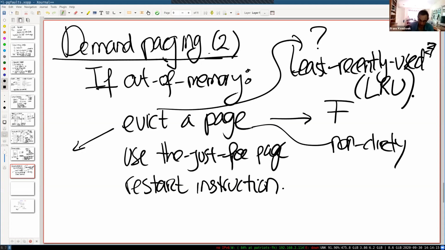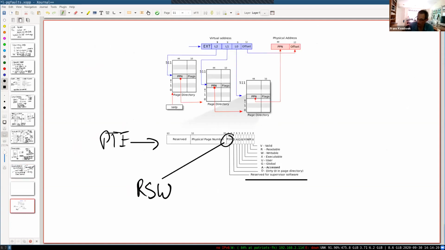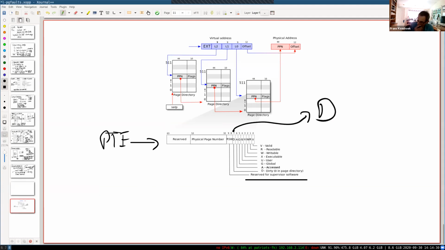Okay, just to make two more points related to this. If you look at the PTEs again, we saw the RSW bits, and you'll notice there actually is a bit 7, which is the dirty bit. Whenever the paging hardware writes to a page, it will set the dirty bit.